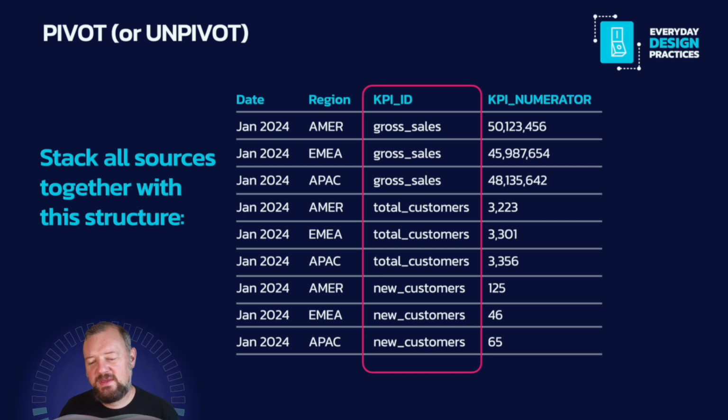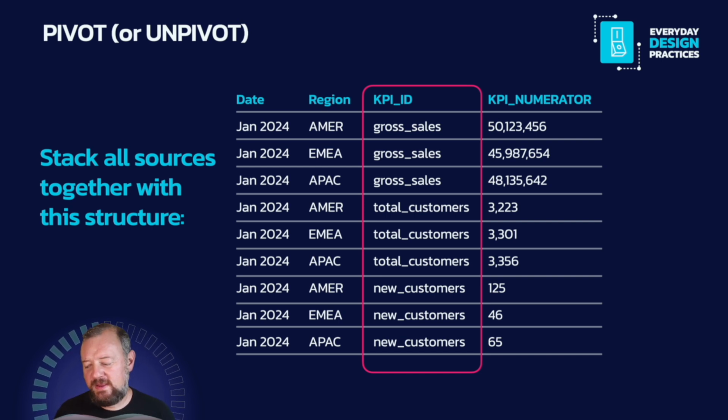So instead of having each KPI across its own column or each measure in its own column, we're going to flip this so that now what we have, if you're a Tableau aficionado, is that we've codified and stored the measure names, measure values structure. So that KPI ID is your measure name, sales or customers or new customers, growth, what have you.